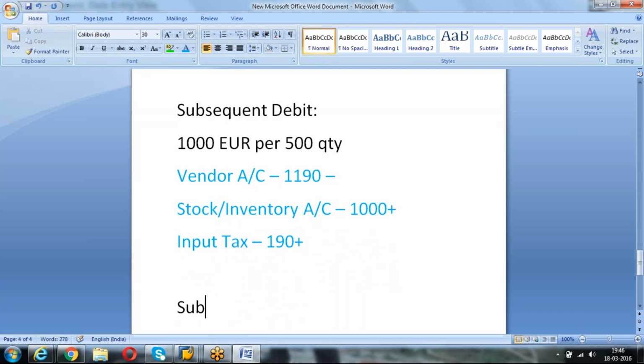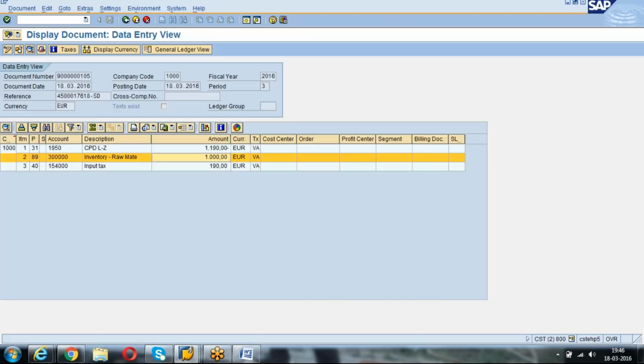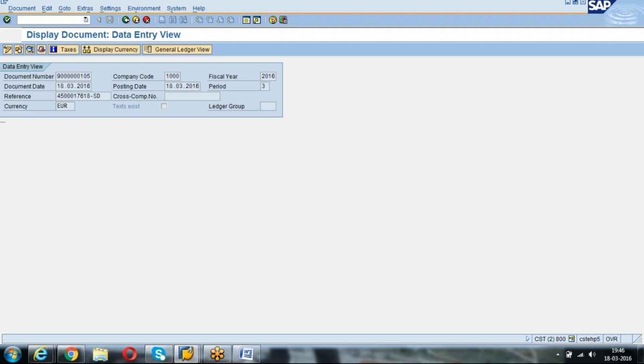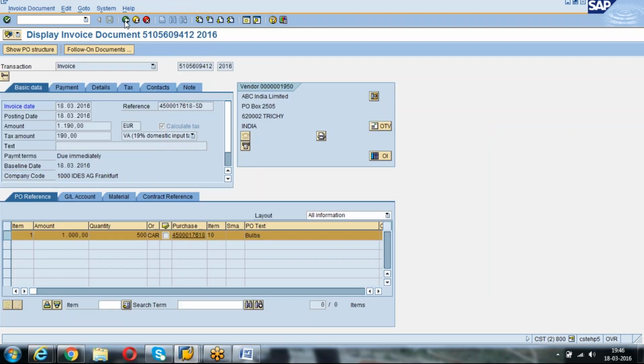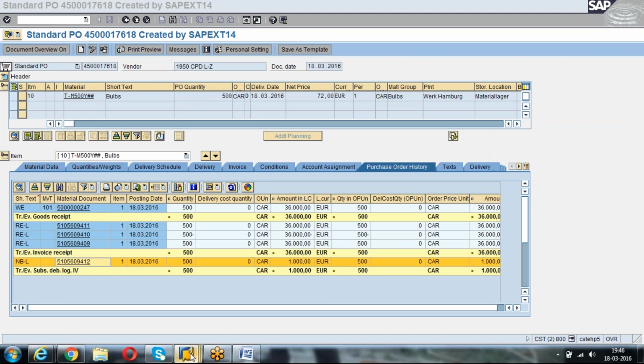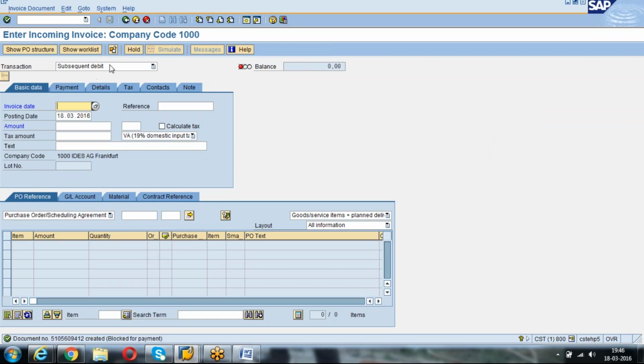Okay, now coming to subsequent credit. Now we will create that. You can understand what happened: you are going to create the subsequent credit. When you create a subsequent credit, you have paid some additional amount to the vendor, or certain materials are not up to the quality as per agreement.